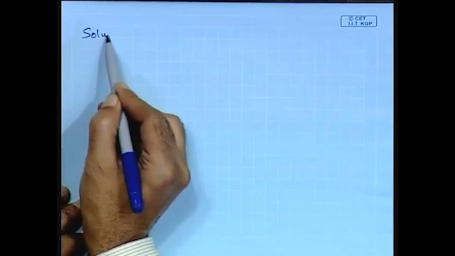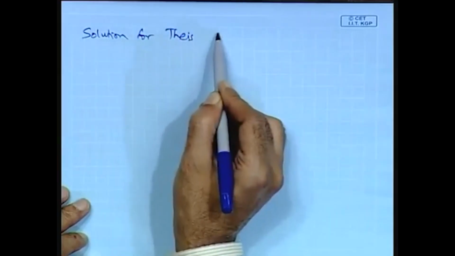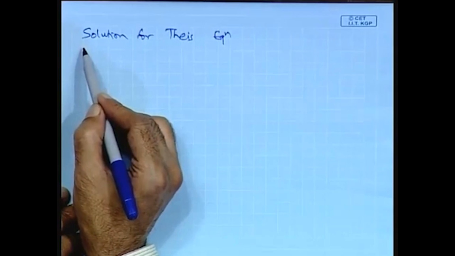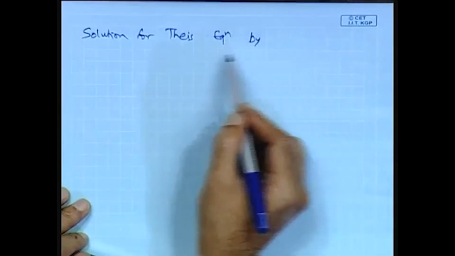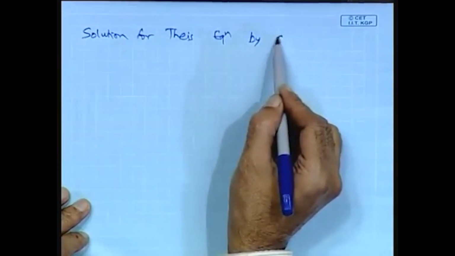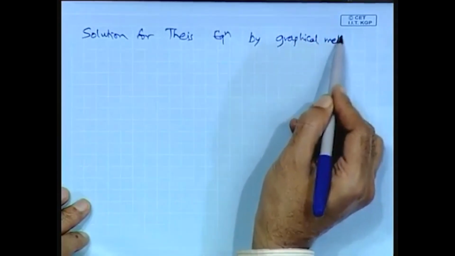So, the solution for the Theis equation is by graphical methods.